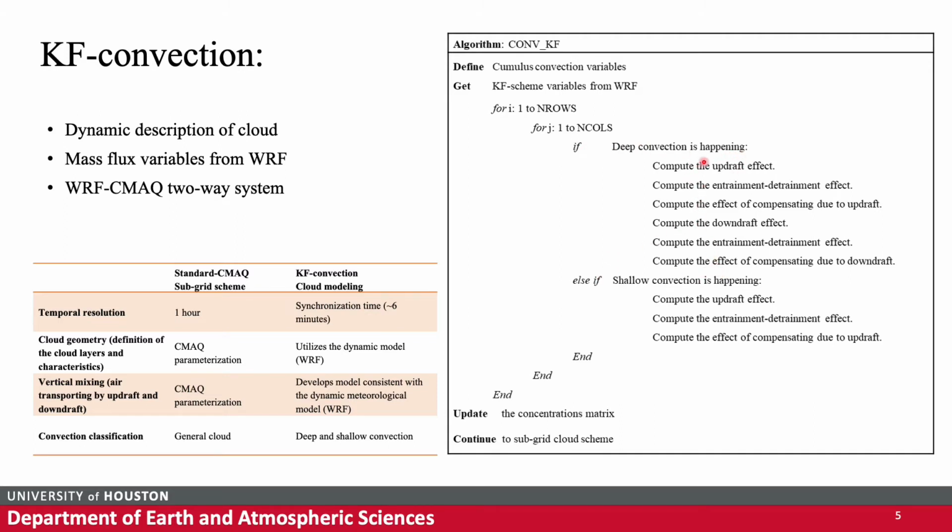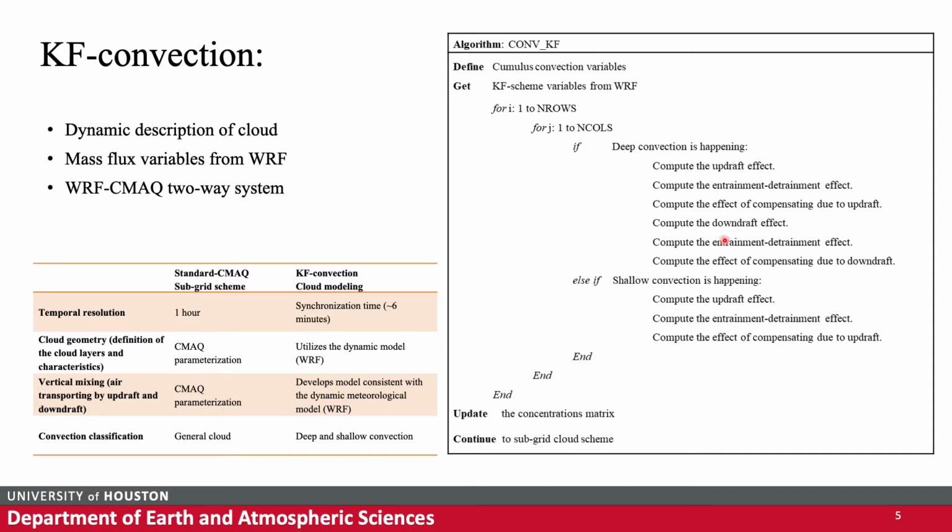Based on each one, we first compute the updraft effect, which is a transport of the concentrations to different layers based on the updraft flux. Then entrainment and detrainment effects are introduced. And then we compute the compensating effect due to the updraft.